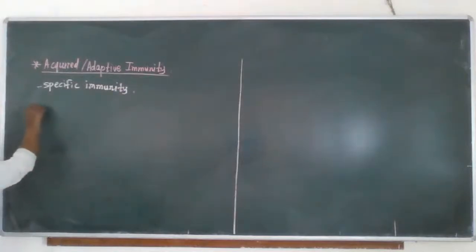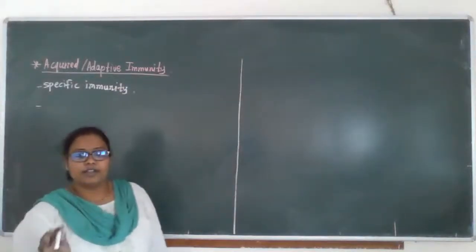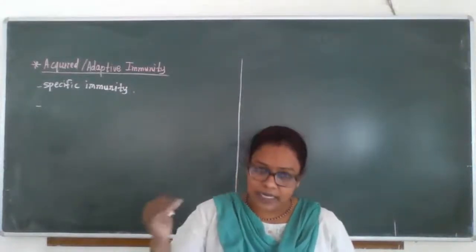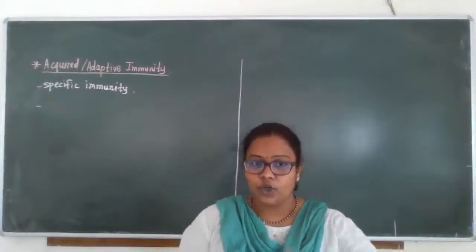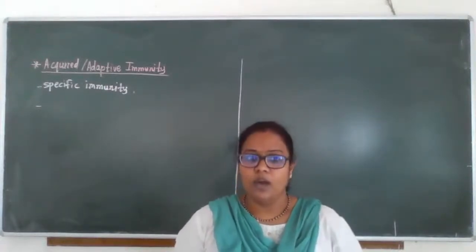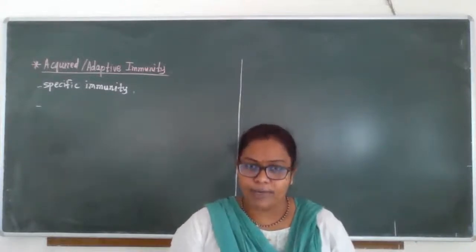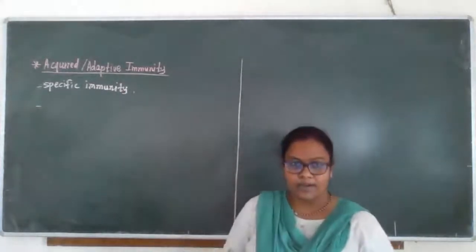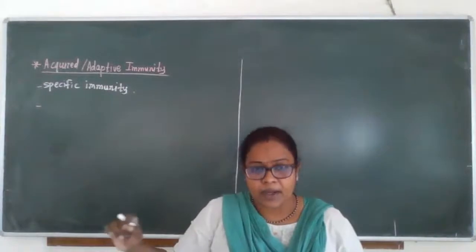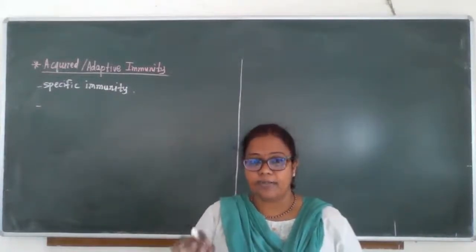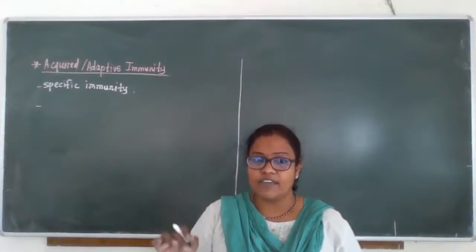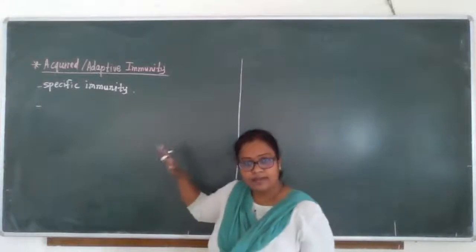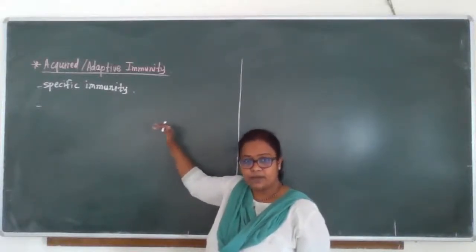This specific immunity depends on the antigen. It is called adaptive immunity because it depends on the chances of antigen exposure over a lifetime, and according to that we form antibodies against it, right? So it is especially related to the acquired immunity which is acquired during our lifetime, and that depends on how many antigens invade the person.